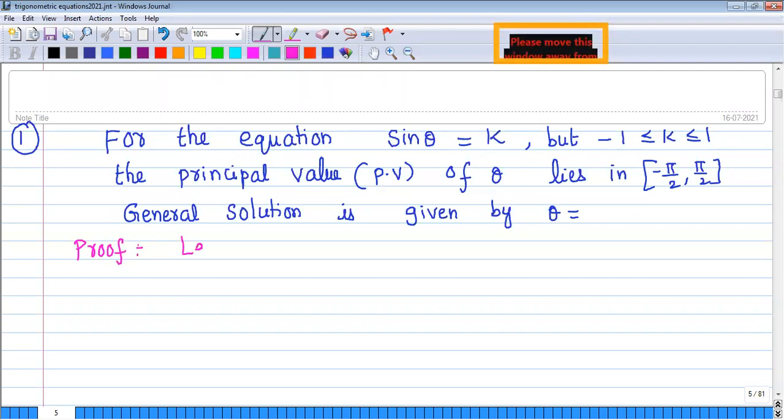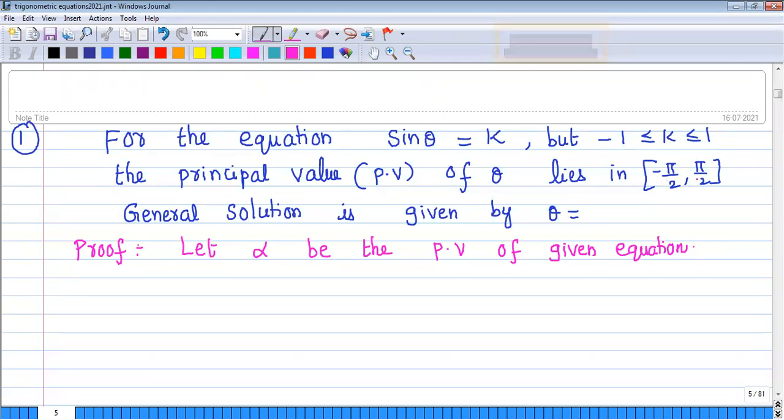Okay, let us say alpha be the principal value of the given equation, providing all conditions. Providing all conditions means it lies between minus pi by 2 comma pi by 2 only.